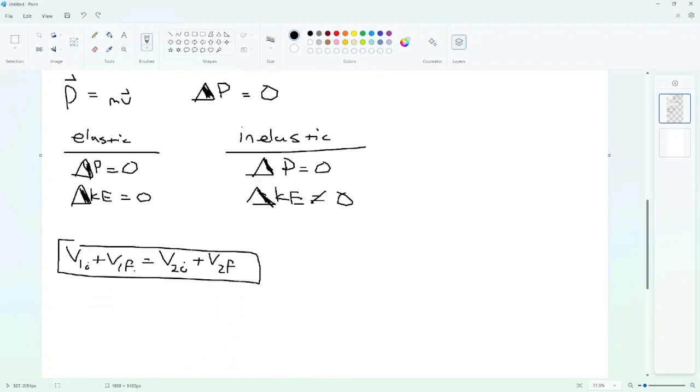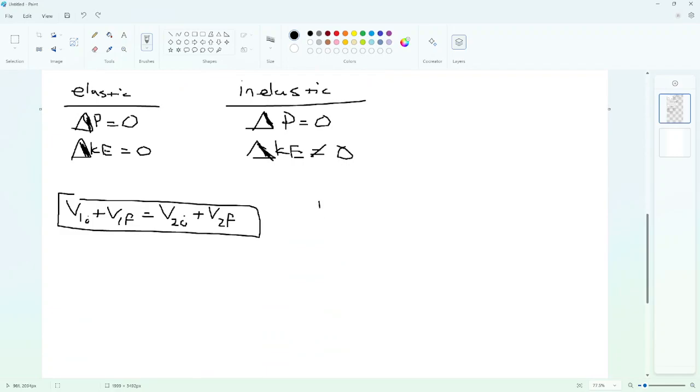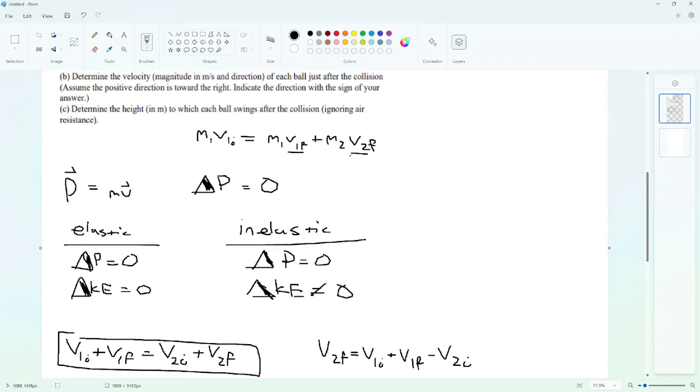So let's go ahead and use this. Let me isolate V2f because we're going to replace V2f over here. V2f is then going to be equal to V1i plus V1f minus V2i. So we're going to go ahead and substitute that in over here.